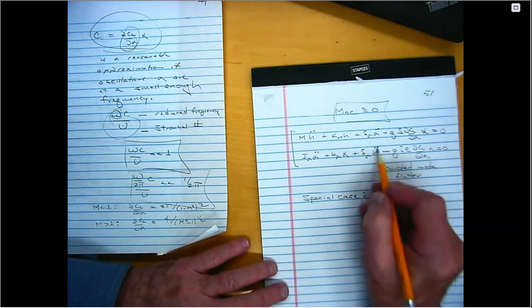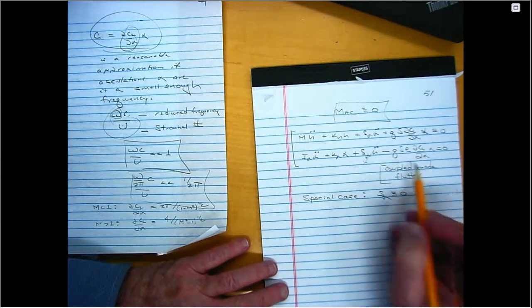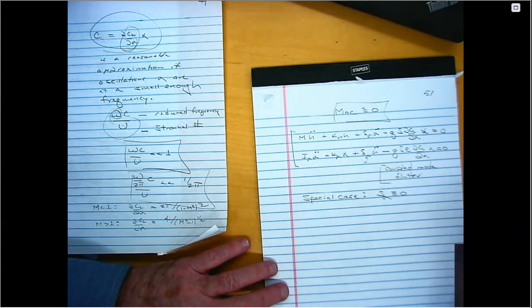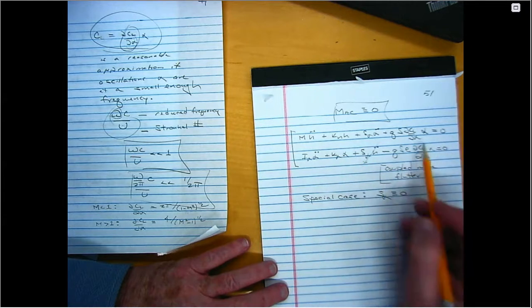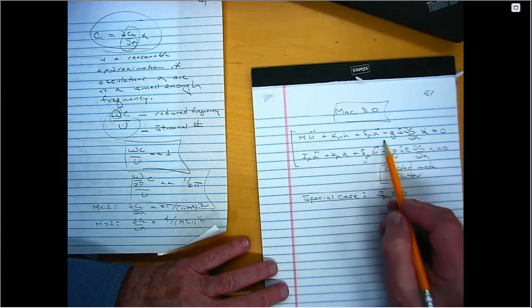Because if this term goes away, then these two equations are uncoupled. If I use this simple aerodynamic one, I can solve this equation for alpha, and then after that, solve this equation for H. It turns out that under those circumstances, the H motion is never unstable.